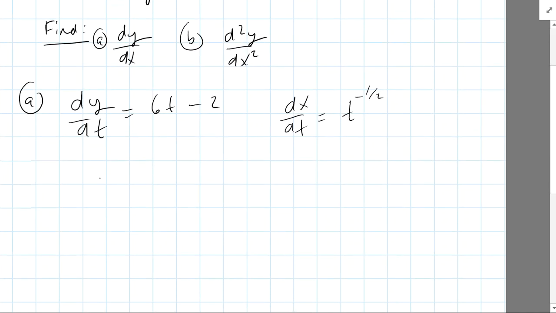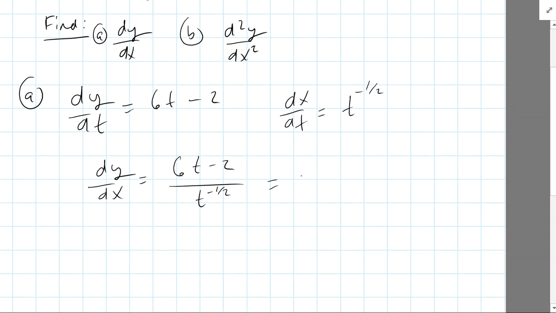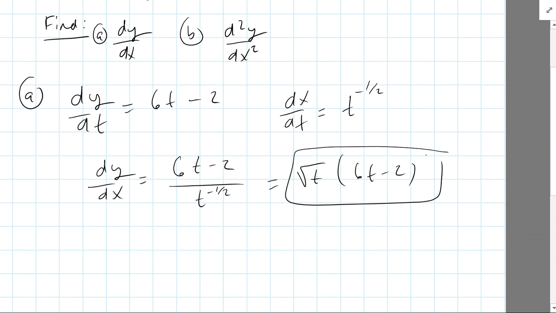So dy dx is equal to 6t minus 2 over t to the negative 1/2. If it's a negative power, I'm going to flip it up, right? So it's going to be square root of t times 6t minus 2. That wasn't bad, was it?